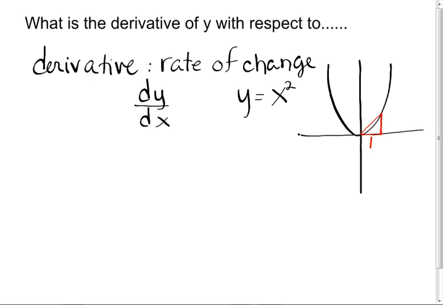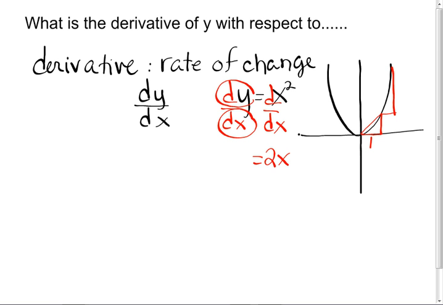So when I talk about the derivative operator, it looks like d dx. This means I want to see how y changes as x changes. And what's the derivative of x squared? It's 2x. So if I go over another one, how does y change? It gets bigger.